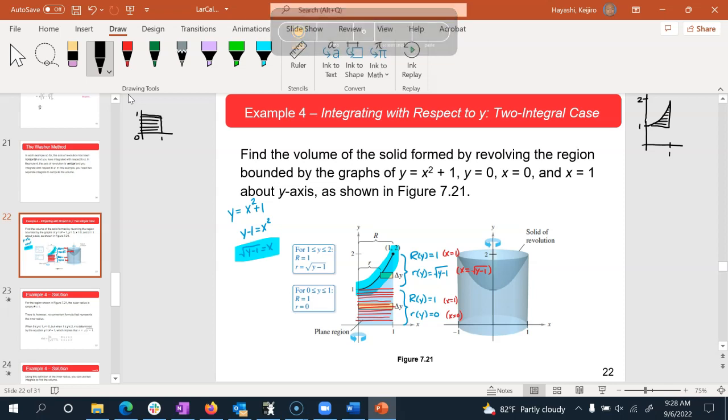Okay. So here's the lower part, and the volume of that is going to be pi times the integral. We're doing this dy, so our bounds of integration are going to be y values. Y equals 0 to y equals 1.